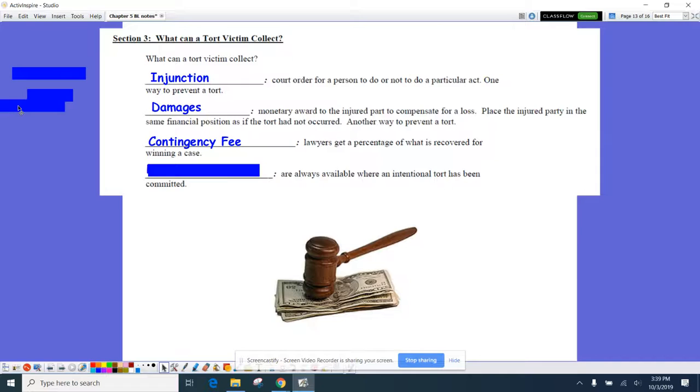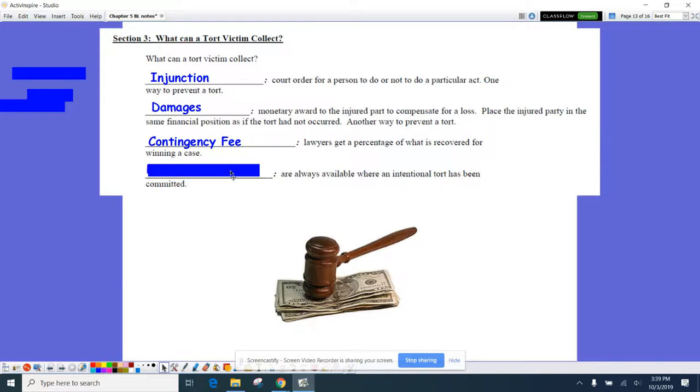In a tort case, lawyers typically ask for a contingency fee. This is the line you might hear on TV: we don't get paid until you get paid. If the lawyer wins the case, they get a percentage cut of whatever is won. So they usually try to push the damages to a higher dollar amount so that they can obtain quite a bit of money for winning a case.